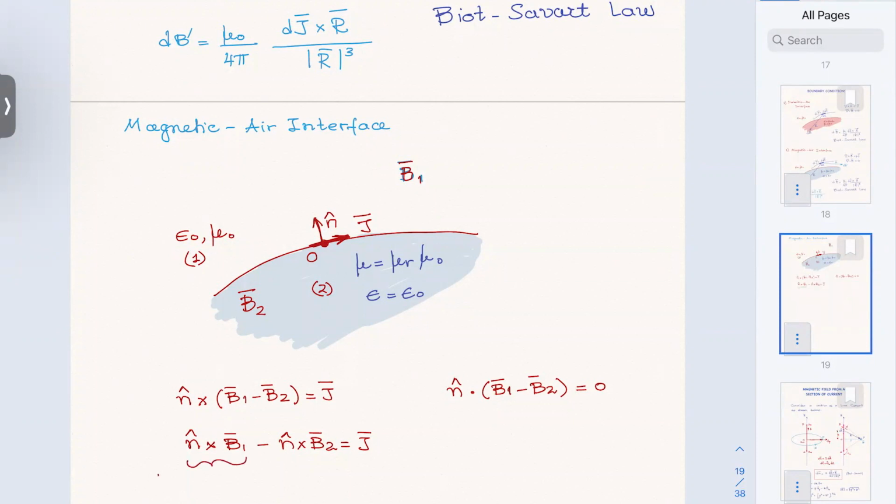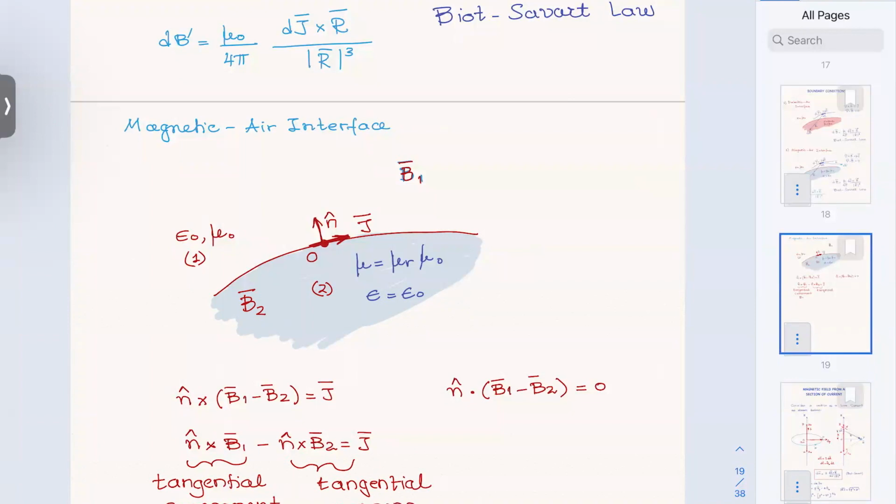This is a tangential component of B1 on the interface, and that is a tangential component of B2 on the interface.